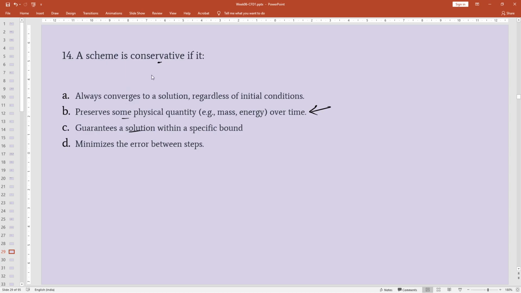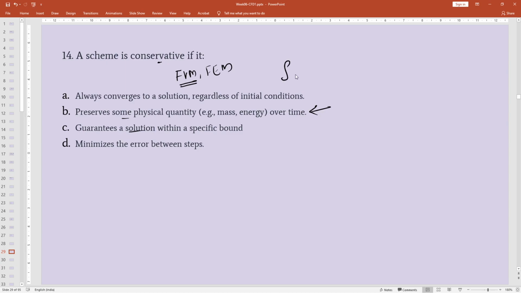So when we were discussing different discretization methods like finite volume method and finite element method, we already said that for the finite volume method, conservativeness is an inherent property.